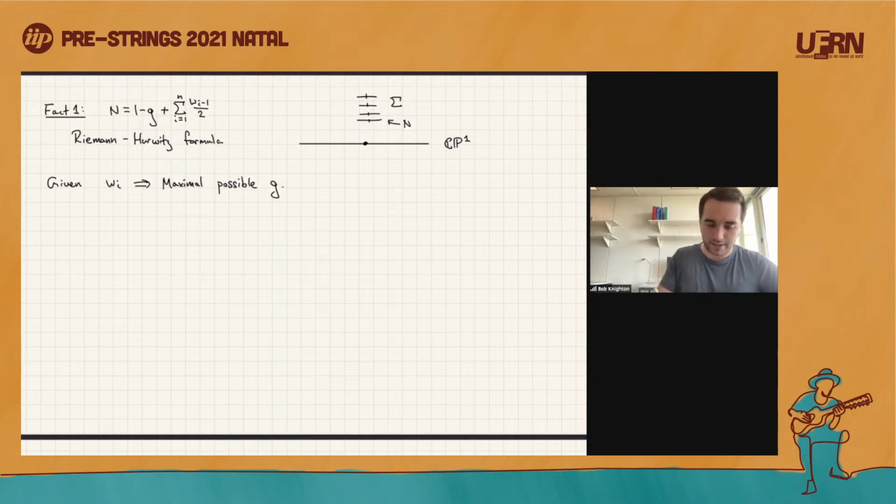The way to see this is that if you consider in this cartoon picture, not just taking the preimage of a generic point, but you take a preimage of one of these critical points, then at the critical point, you get a bunch of sheets which say intersect each other. But since you're counting with multiplicity, that counts as, say, w sheets. So you have w_i sheets here and then some more, potentially, which are disconnected. And so n has to be greater than or equal to w_i for each i.